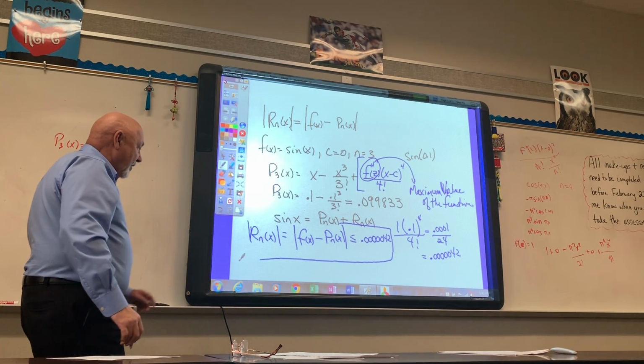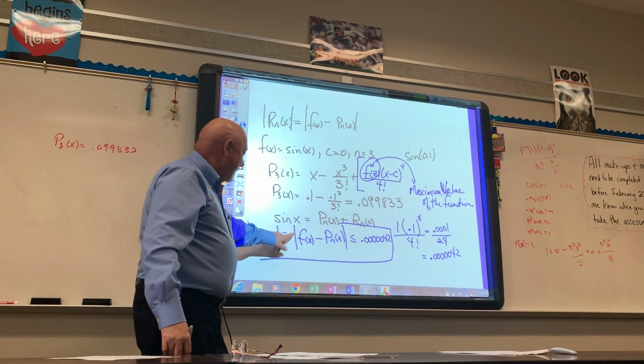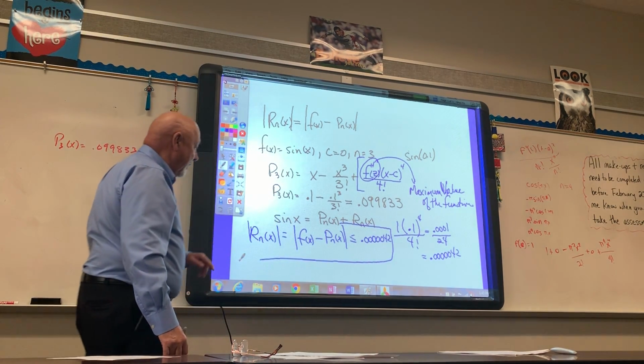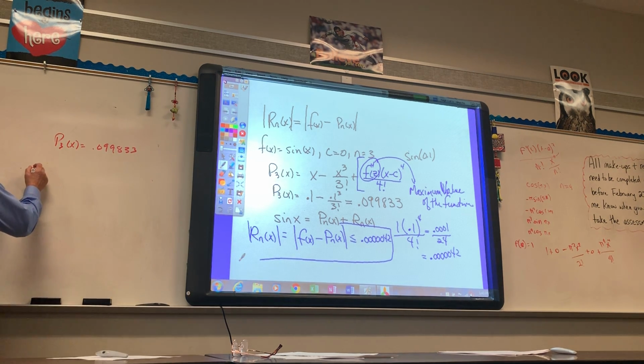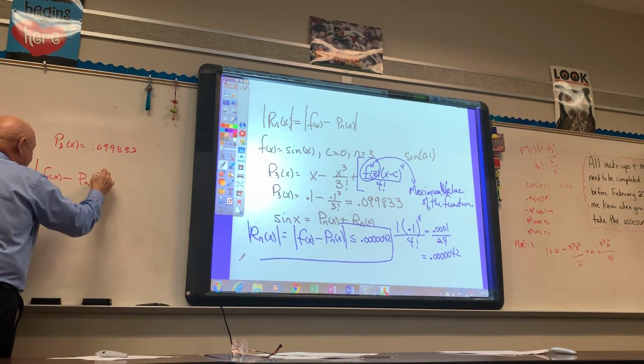All right, so the remainder is equal to the difference between these two, which is less than or equal to that. So we're going back over here, and we have a formula. I'm going to erase and replace.